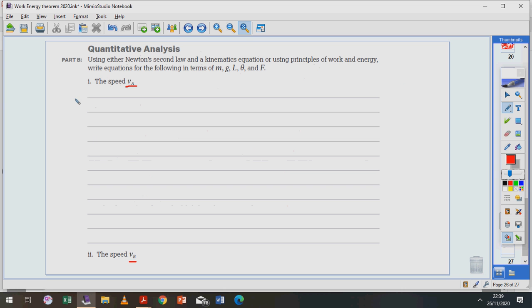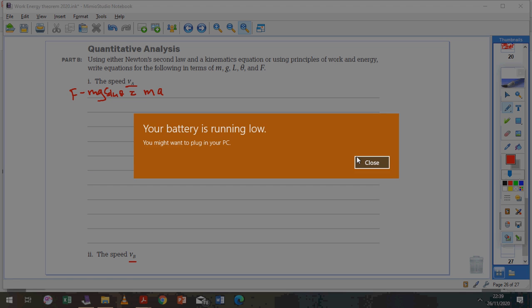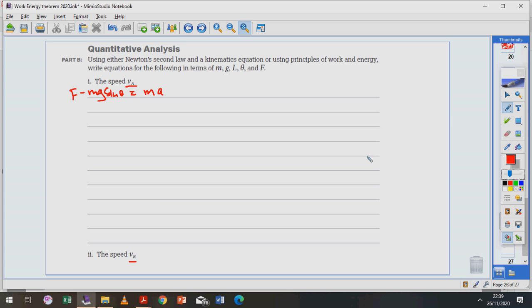So for A, I remember that F minus mg sine theta is equal to ma. If I make a the subject, I have acceleration in system A is equal to F minus mg sine theta divided by m, right?